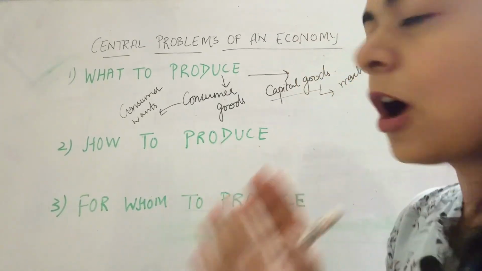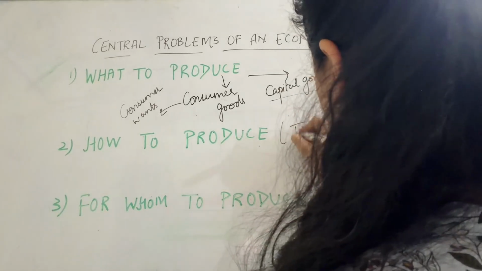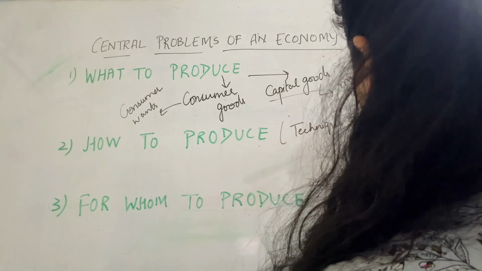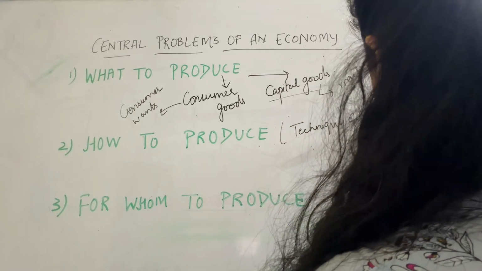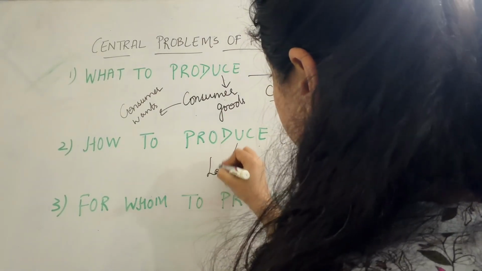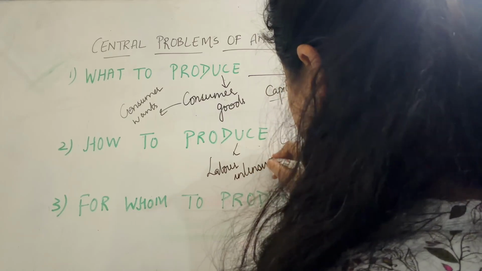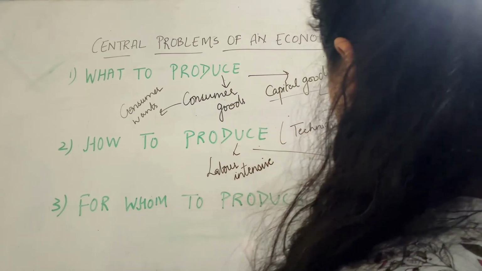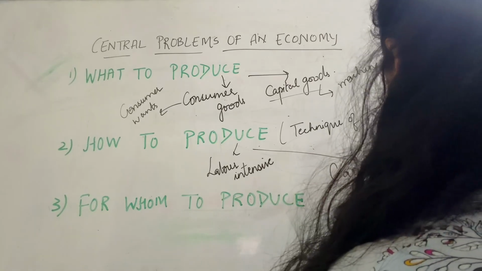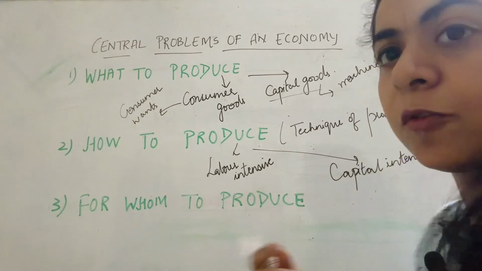Then we have how to produce. How to produce is related to the choice of technique of production, labor intensive technique of production, or capital intensive technique of production.